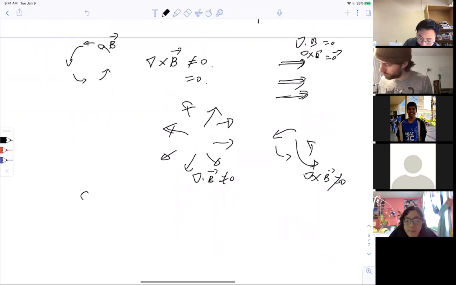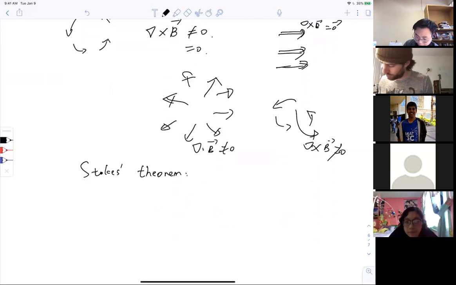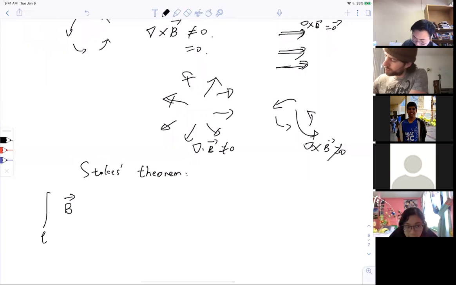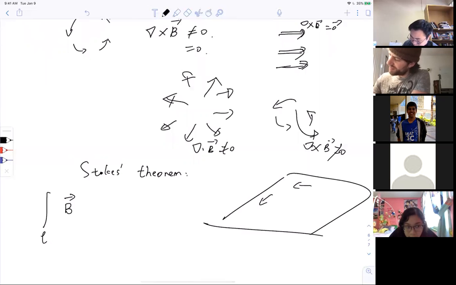Also, the so-called Stokes theorem is like this. So if I have a vector field, let's say B, imagine it's two-dimensional.